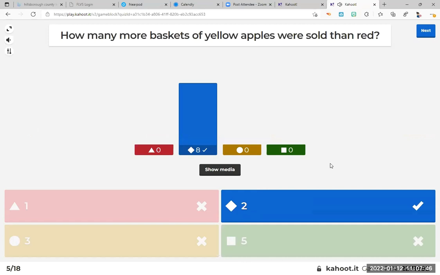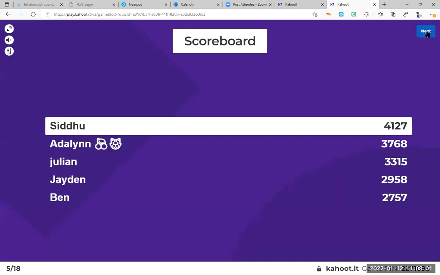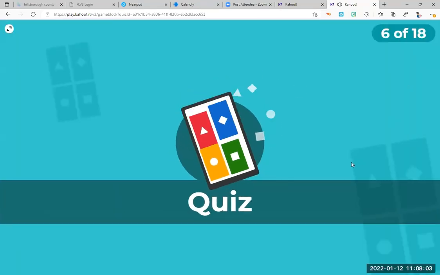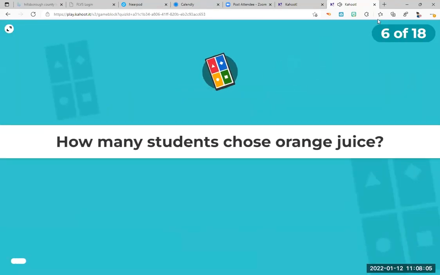Oh, you guys are great. Yes, it was 2 extra yellow apples. I think it was 5 minus 3. 5 yellow, take away the 3 red. That showed 2 left over. Excellent. Woohoo. Okay, let's go on to this one.